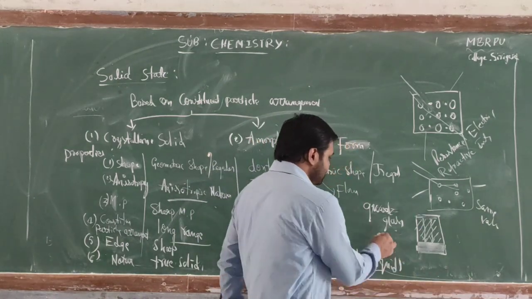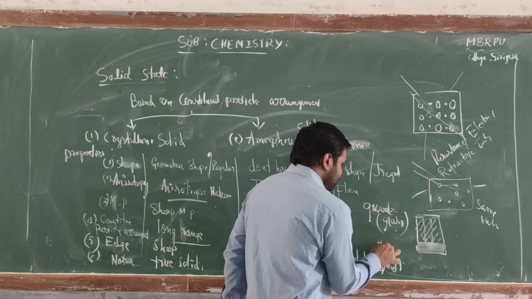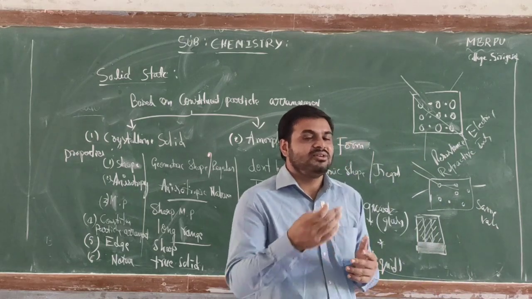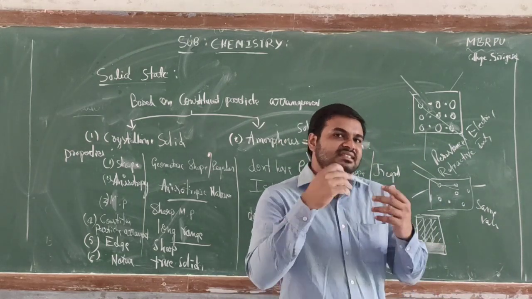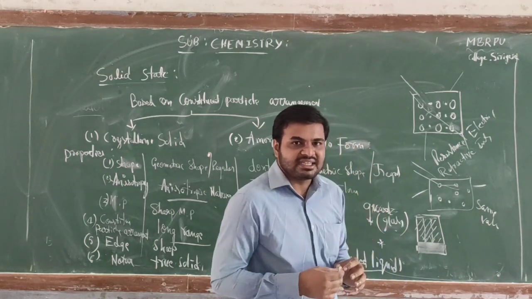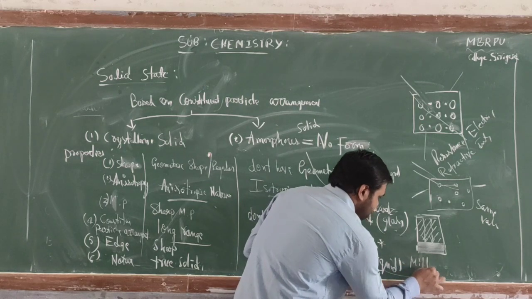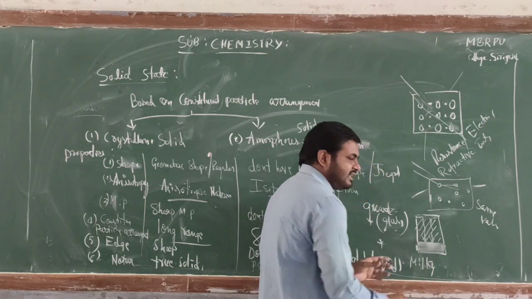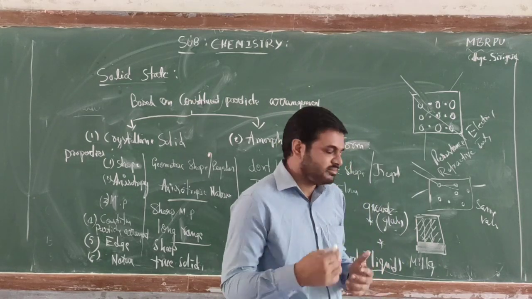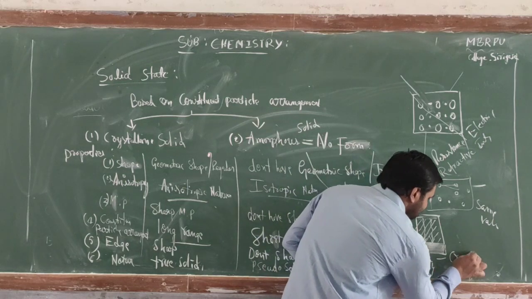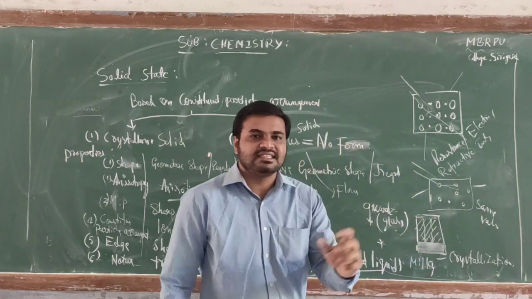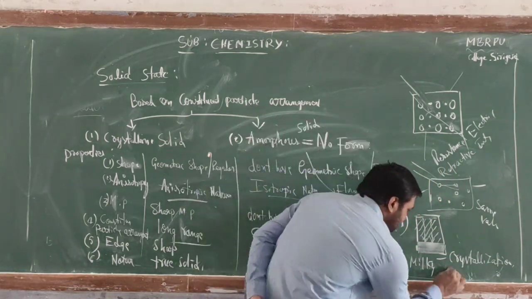Okay, one more important point about glass, the second point. Did you observe in ancient civilization, meaning old civilization, that the glass has a milky appearance? Why? Because of crystallization, because of annealing.